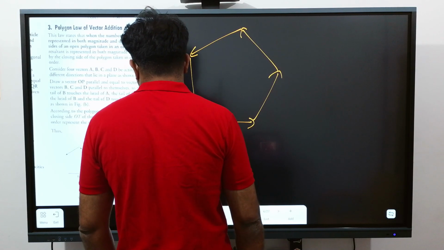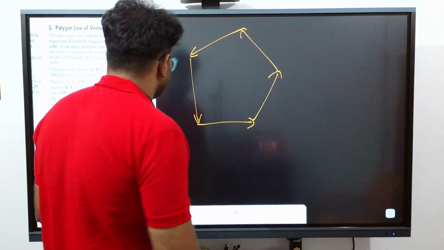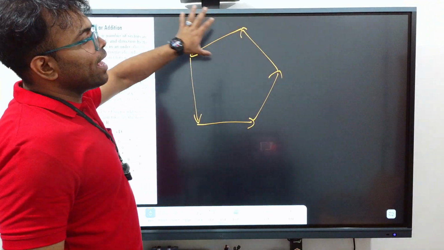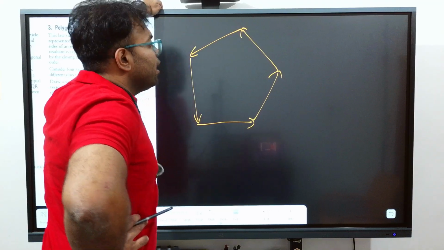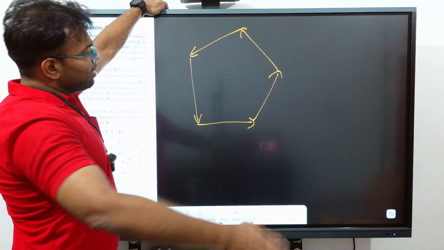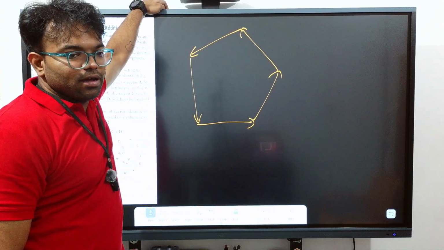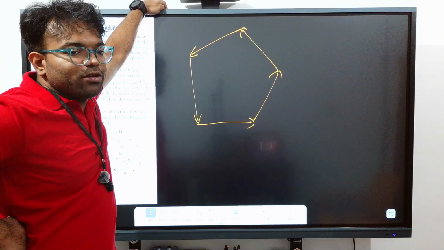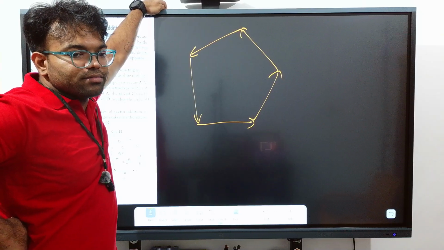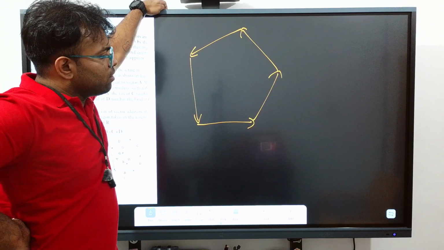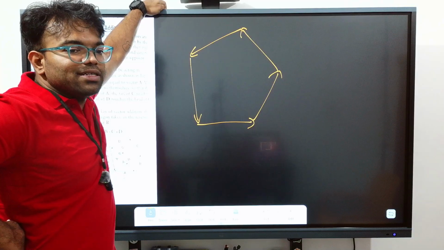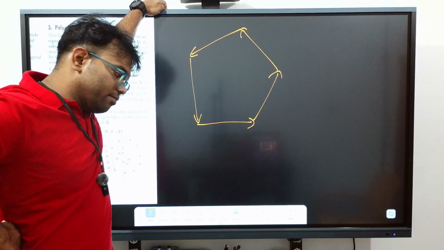Now, Drupad, you just have to split this whole polygon. First of all, this is what the value of the magnitude is going to be. I know, but what is the resultant vector going to be?